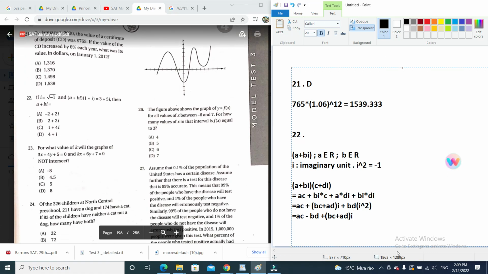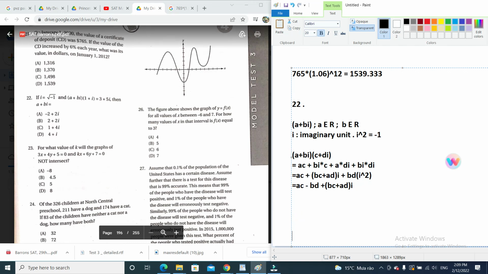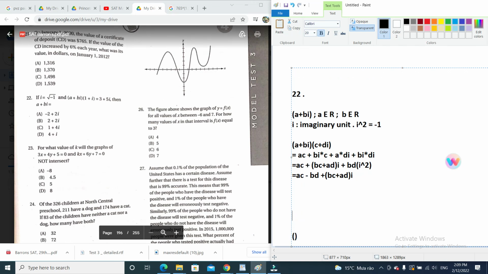Okay, so let's calculate it. So okay, so now we know that. Okay, so now we have that a plus bi times 1 plus i. Okay, this gonna be equal to a, because a times 1 is a, plus bi, because bi times 1 is bi.